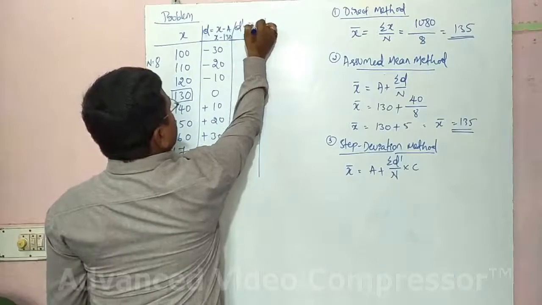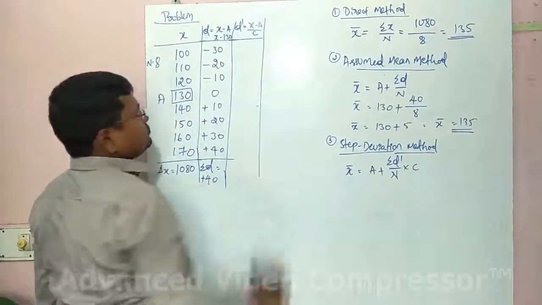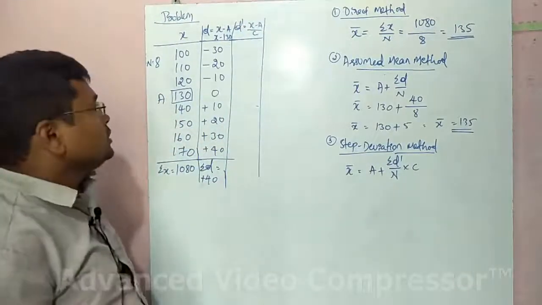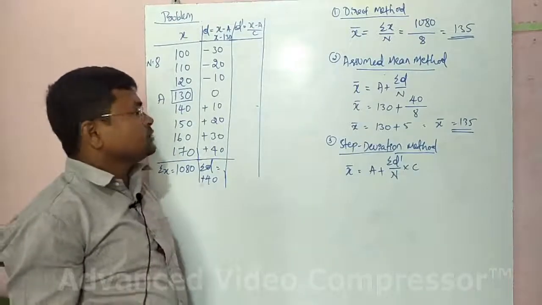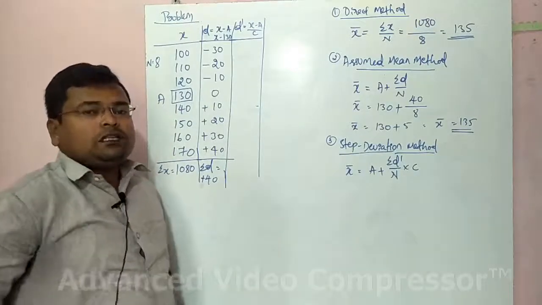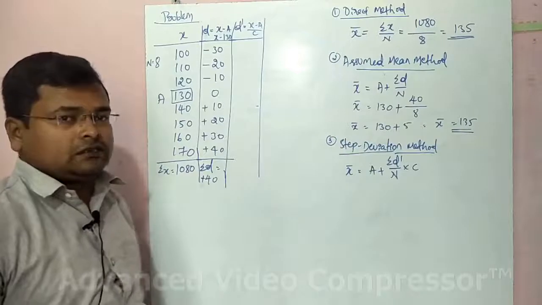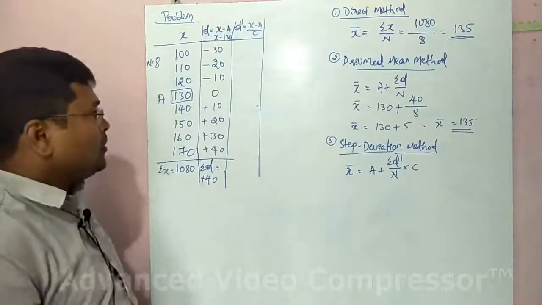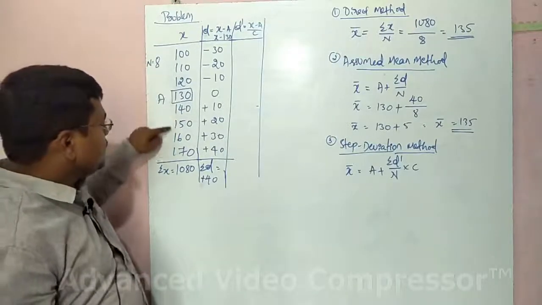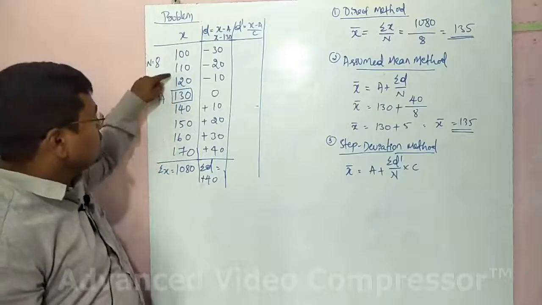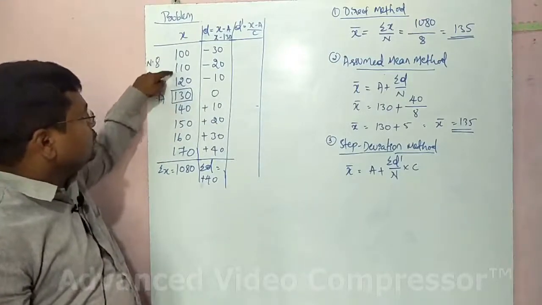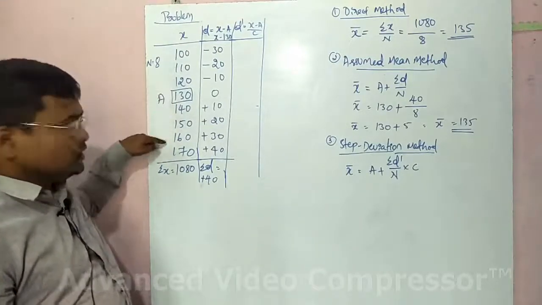D dash means x minus A divided by C, as per the formula. And now C means what? C means common difference, as we have discussed earlier. Common difference means the common difference between the x values. Now you can see that the values are 100, 110, 120, 130, 140 like this.